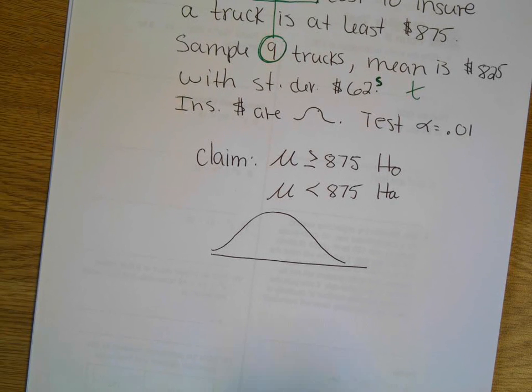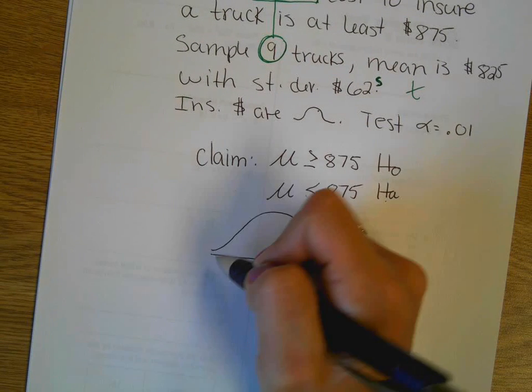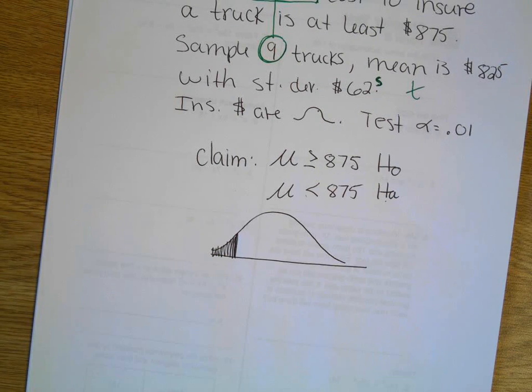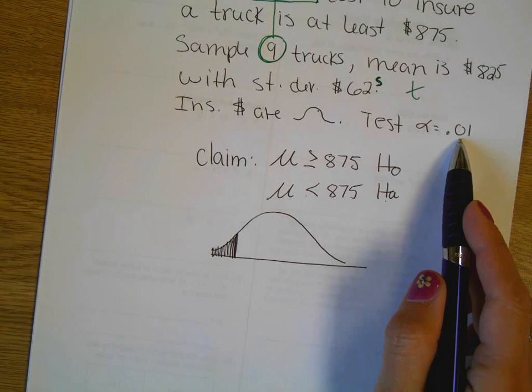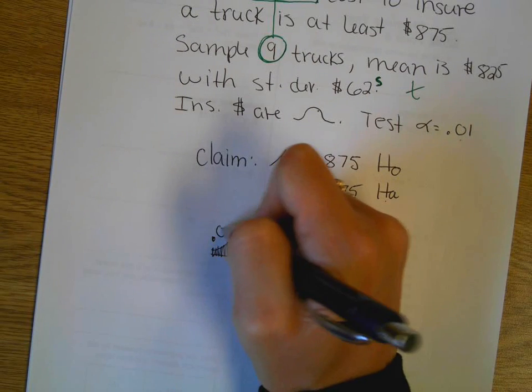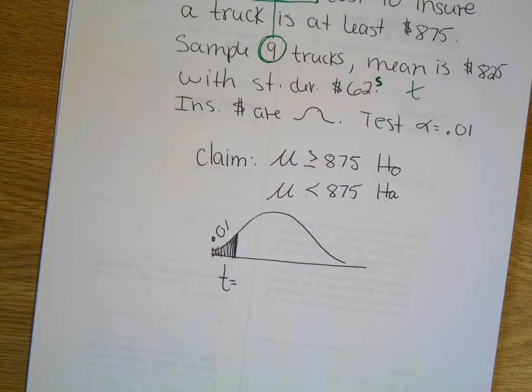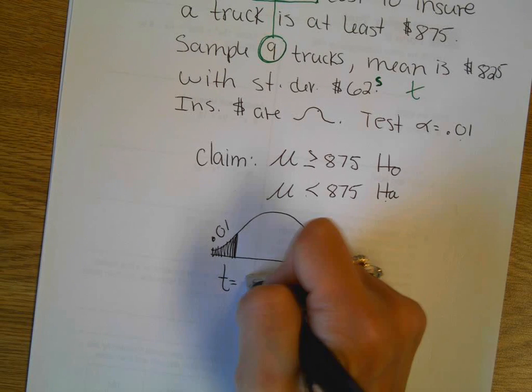So my rejection region, determined by the Ha, is in the left tail. 1% shaded. And before I even look it up, I'm going to put the negative on there right now, because I'm in the left tail. I know that's going to be negative, but the table's not going to tell me that.